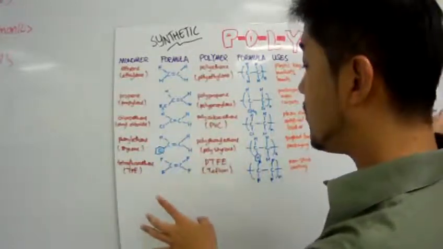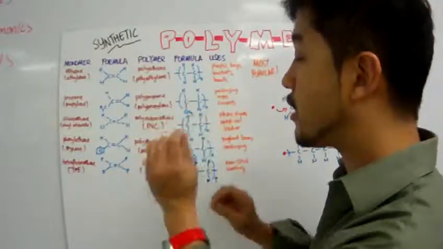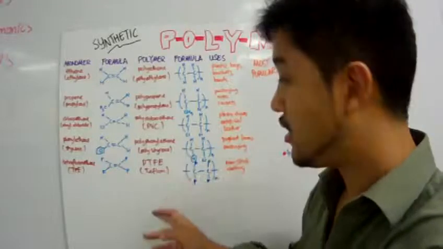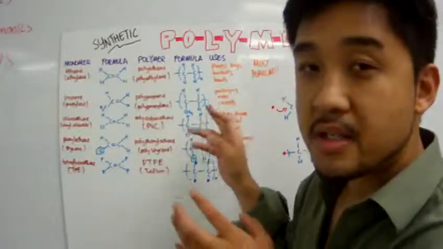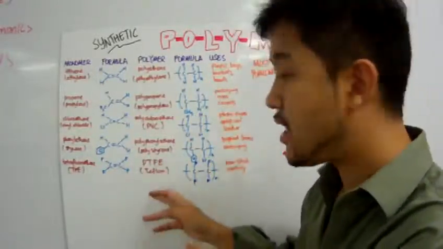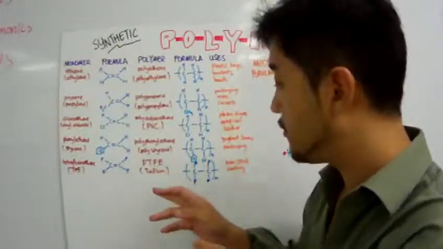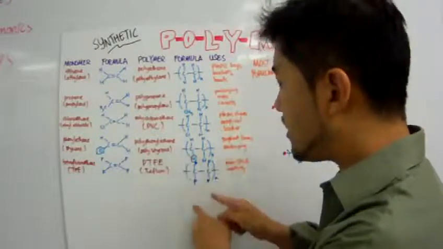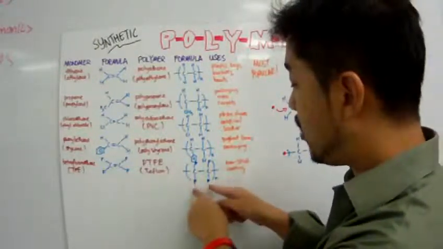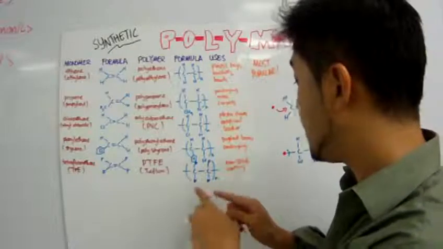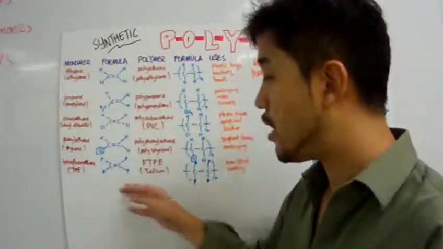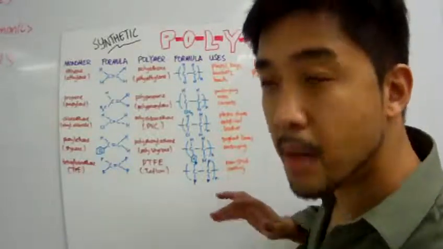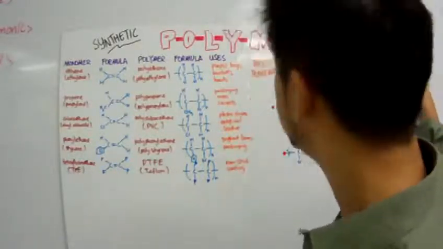And so when tetrafluoroethene, TFE, comes together to form a polymer, it's called polytetrafluoroethene, or by its industrial name, Teflon, or brand name Teflon. Now, Teflon is basically the same as polyethene, except all the hydrogens are now fluorines. And this polymer is used for all the non-stick cooking pots and pans that we have at home.